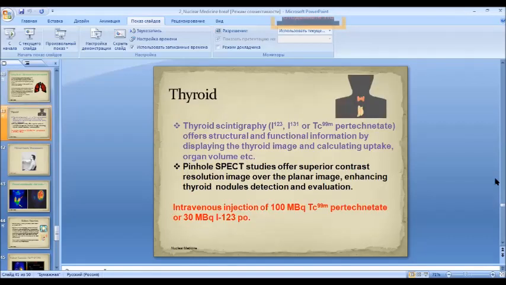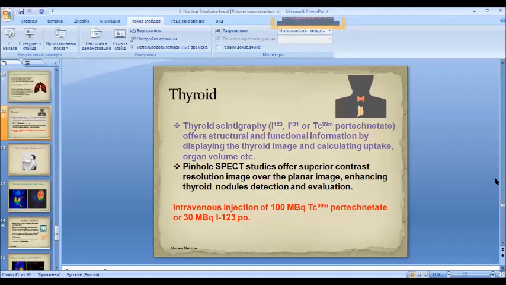Thyroid gland. Thyroid scintigraphy with different isotopes of iodine or technetium pertechnetate offers structural and functional information by displaying the thyroid image and calculating uptake, organ volume, and many different parameters.